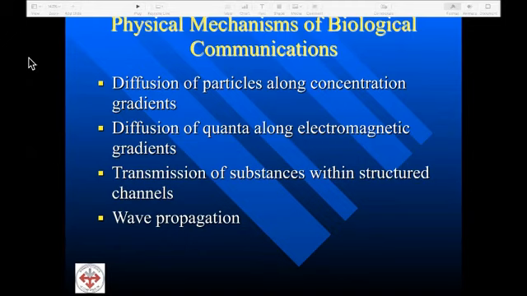Third, we have transmission of substances within structured channels. And the transmission of substance within structured channels can be scaled. On a cellular level, we're dealing with axoplasmic flow, and we know that interference with axoplasmic flow can adversely affect trophic function. We also can look at the transmission of blood through structured channels.